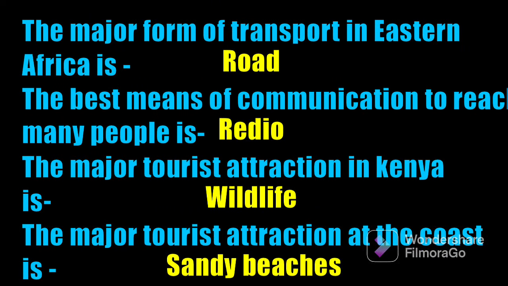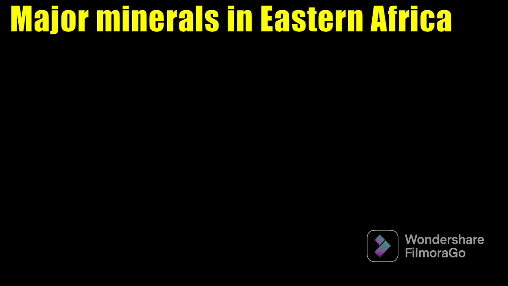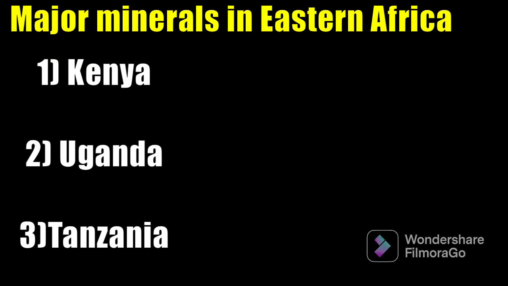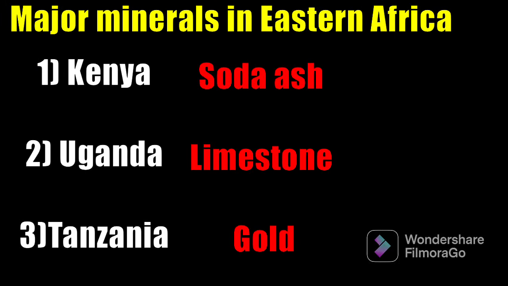The major tourist attraction at the coast is sandy beaches. State one mineral mined in each of the following countries of Eastern Africa. Kenya. Soda ash, among others. Uganda. Limestone. Tanzania. Gold.